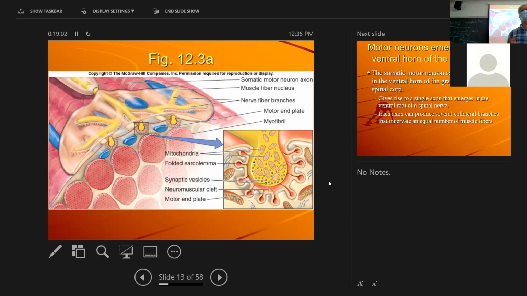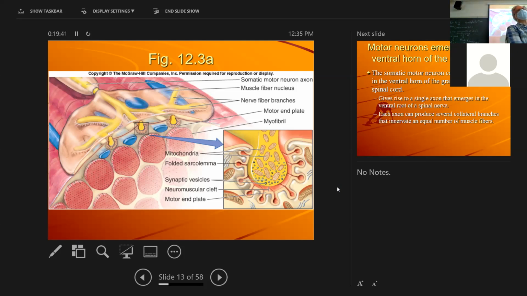They bind acetylcholine, they open. They allow the influx of mainly sodium, also calcium. There'll be a slight efflux of potassium, but that efflux of potassium is pretty minor. This will cause depolarization of the membrane.